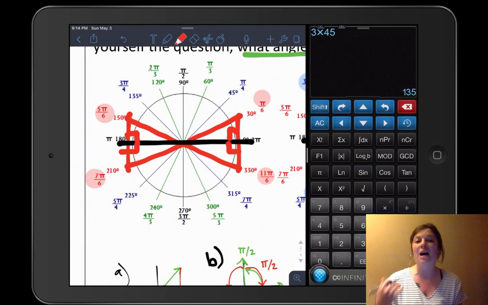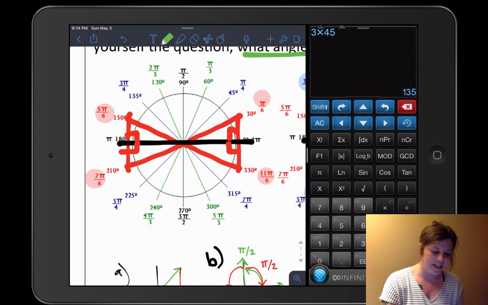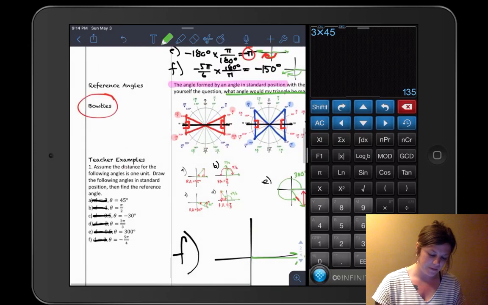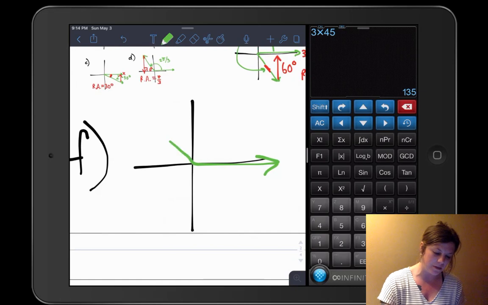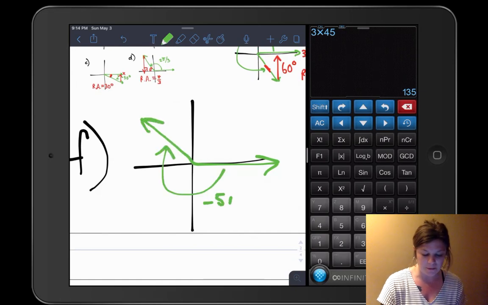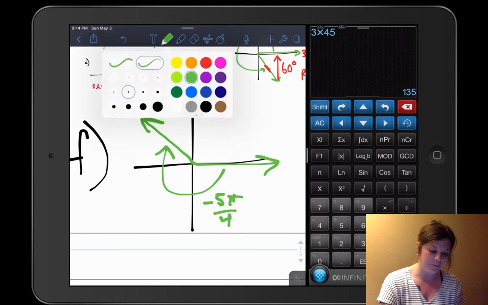But if I'm going the opposite direction, then it's not going to be 5 pi over 4 the positive way. It's going to be 5 pi over 4 the negative way. So 5 pi over 4 is going to be right there. So this is negative 5 pi over 4.